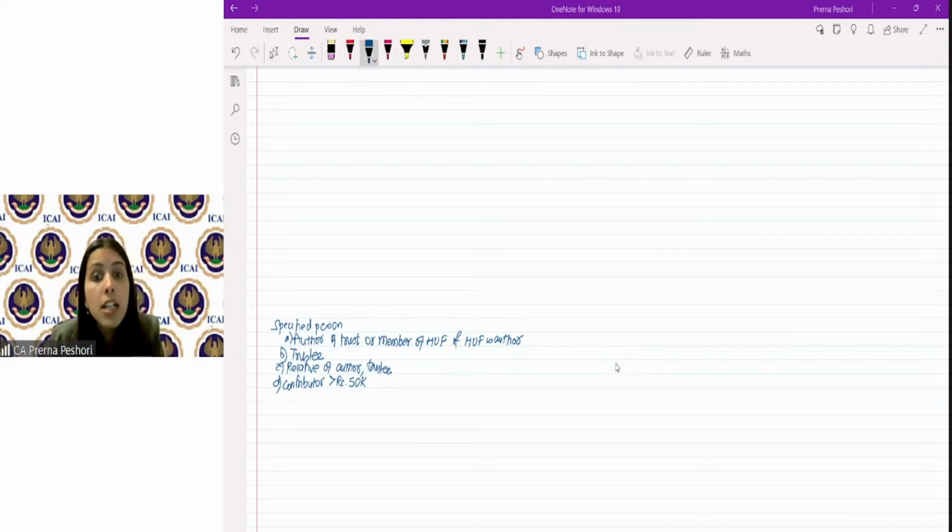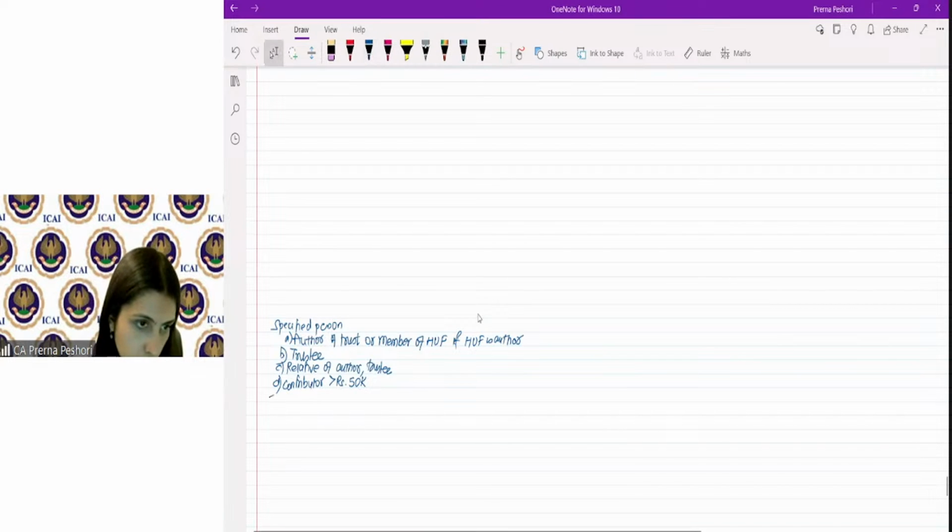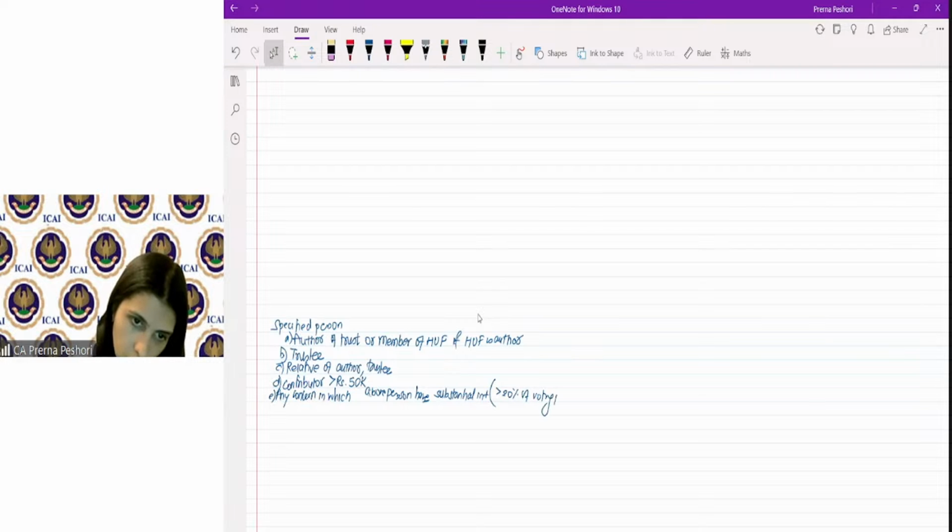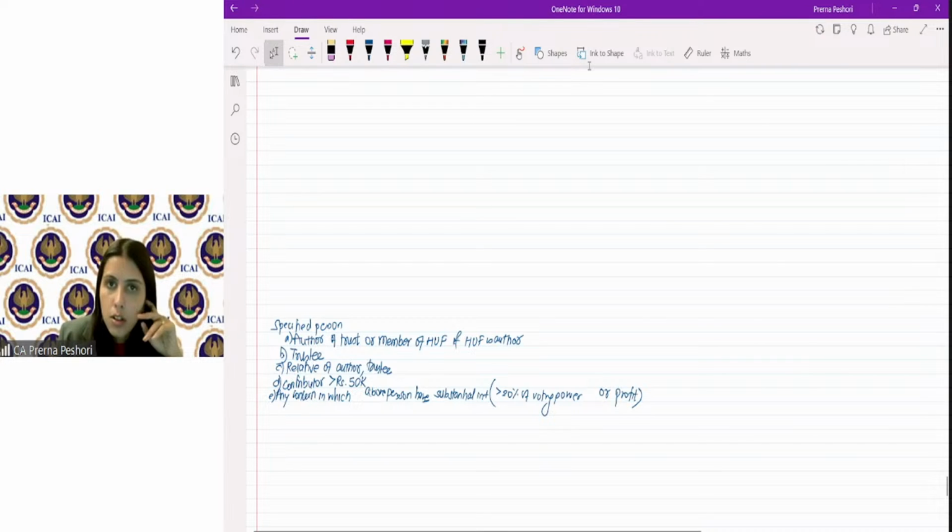What was substantial interest there? That you have 20% or more of the voting power, or you are entitled to 20% or more of the profit of the concern. If it's a company, 20% or more of the voting power. If it's another concern, it is 20% of the profit. So, any concern in which the above persons have substantial interest, which is 20% or more of the voting power or the profit.